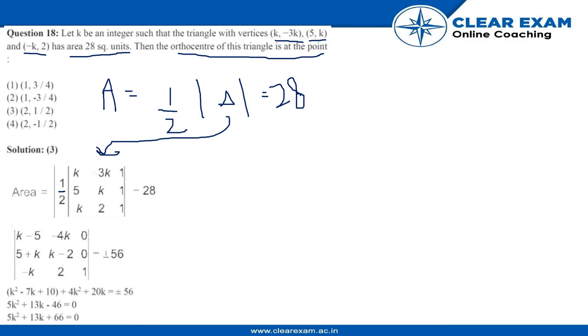After performing some transformations on the determinant and sending this onto the right hand side, we simply get to this step. Once the mod opens on the right hand side, we will get both plus and minus values, due to which we have two equations, but only one equation would be correct, and we would be taking only one equation.